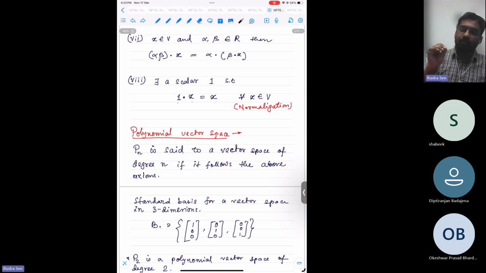So in the case of a finite vector space, the number of vectors in the basis should be finite. That means any vector can be finitely determined by this basis. If the vector space is infinite, there are lots of vectors in the basis and we do not know how many.